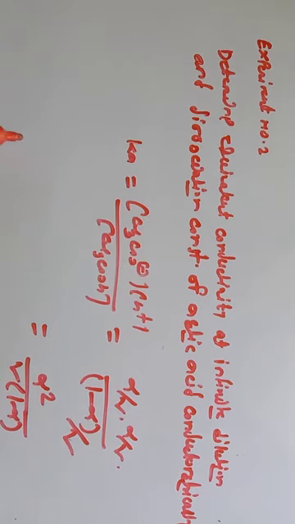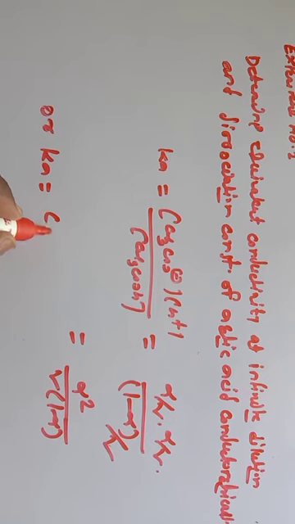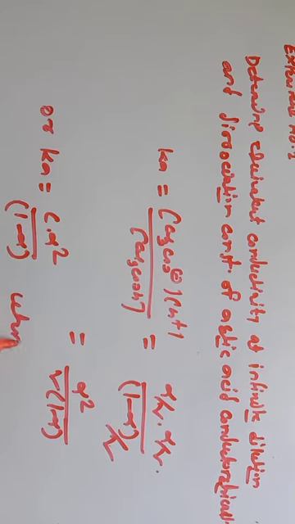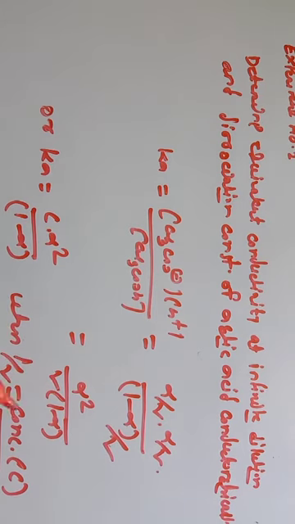Or we can write Ka equal to C into alpha square upon 1 minus alpha, because 1 upon V is nothing but your concentration, that is C.